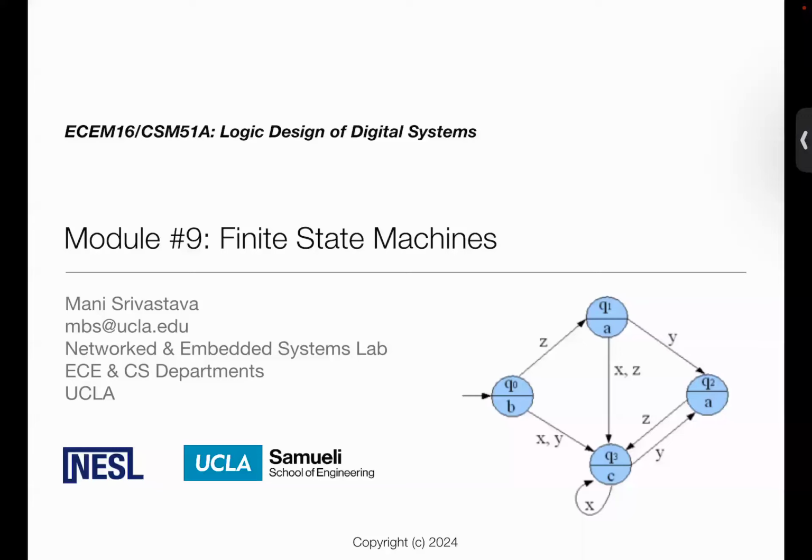Now, just like for combinational logic, we had Boolean algebra to let us reason about how the combinational logic works. The question becomes, is there a similar mathematical framework in which I can talk about the behavior of these finite state machines and these sequential circuits?